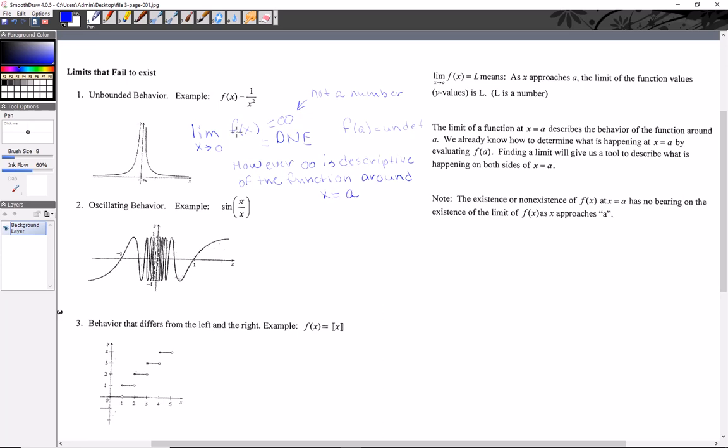All right, so approaches infinity from the left and from the right. That is a great descriptive, but it actually does not exist.